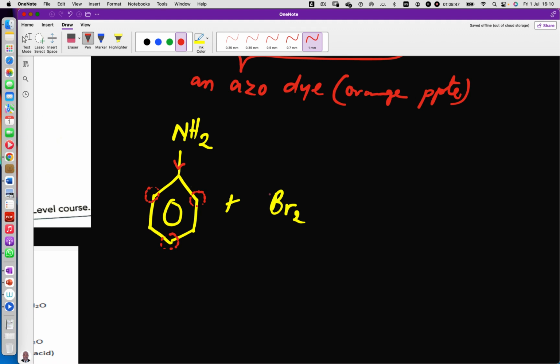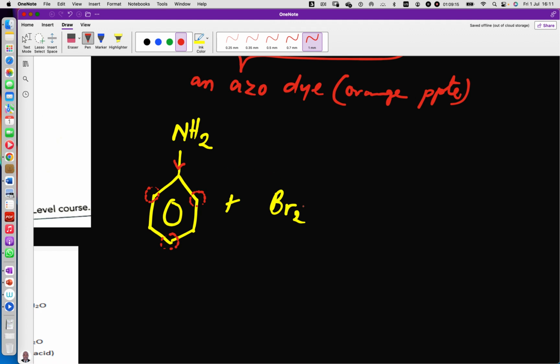So that is what is happening here. They are electron donating, increasing the electron density at the 2, 4, and 6 positions, enabling electrophilic attack. By doing this, they are activating the ring for electrophilic attack.